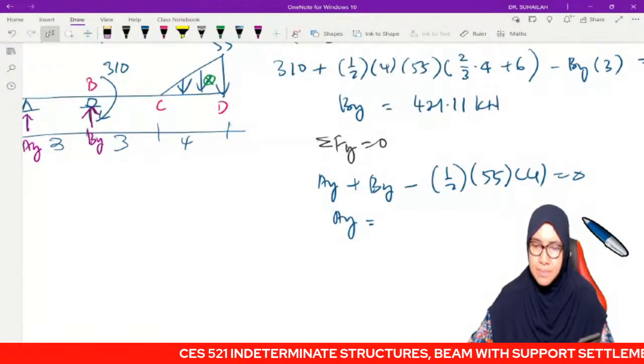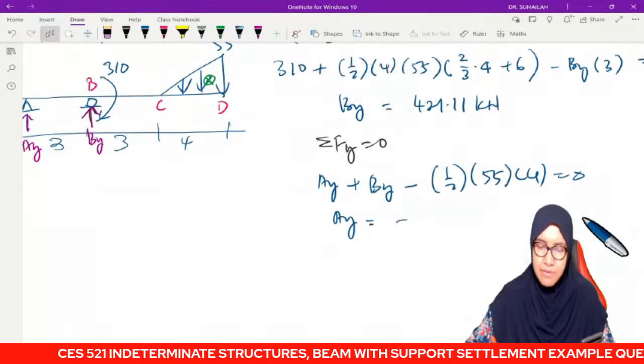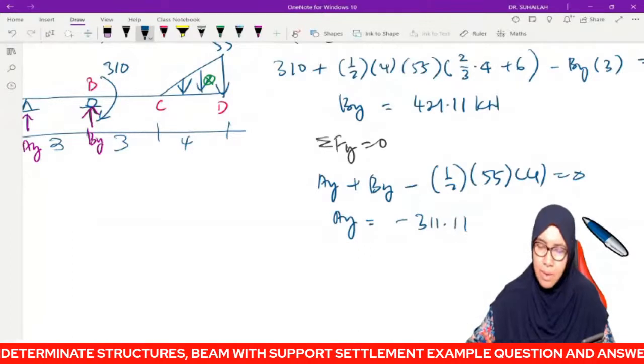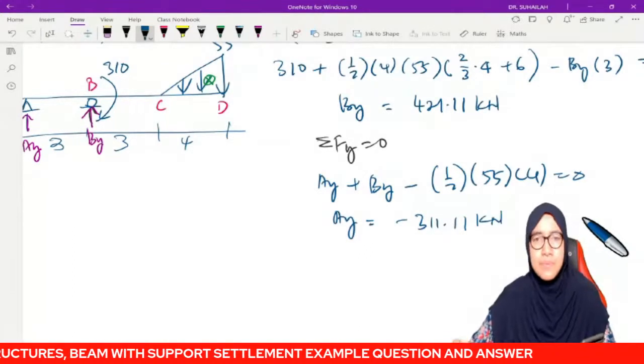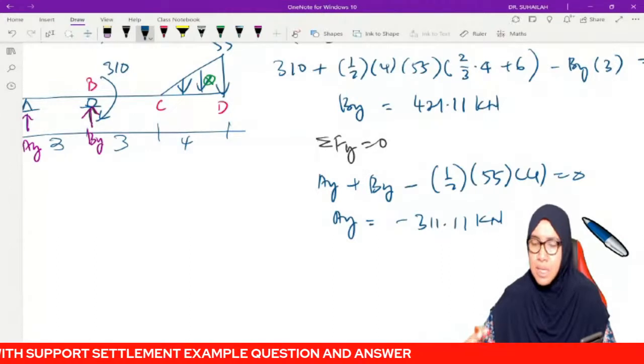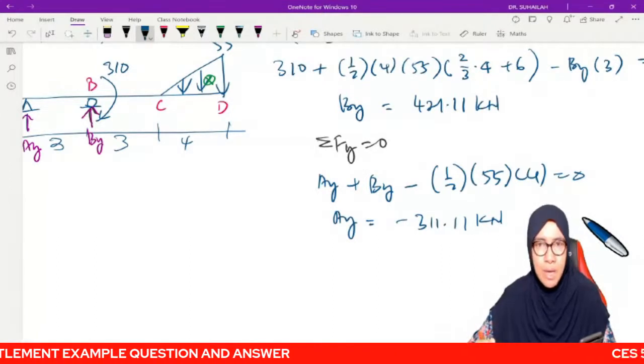What we get is negative 311.11 kilo Newton for AY.